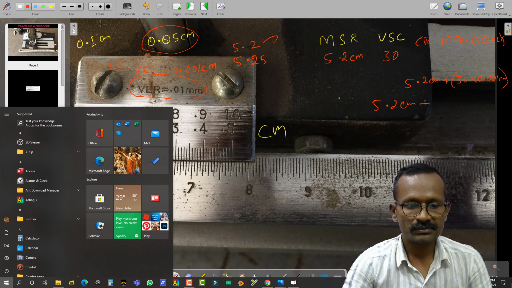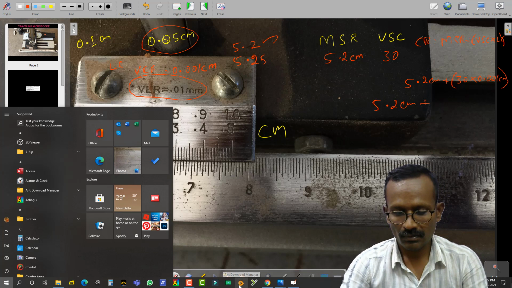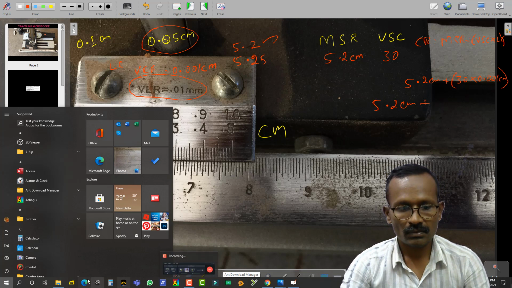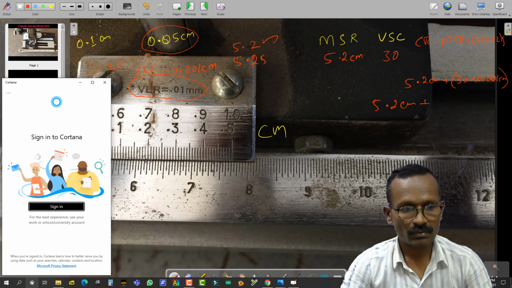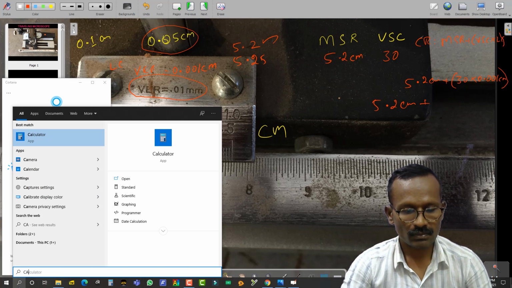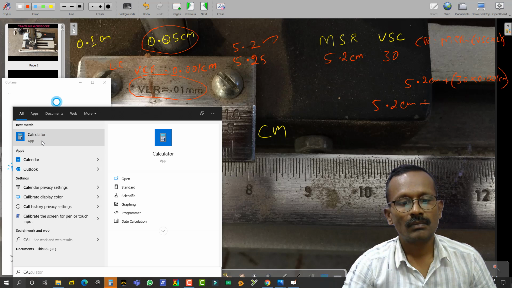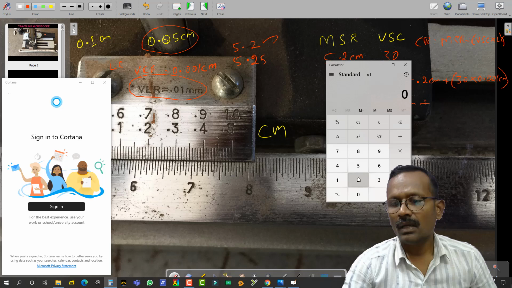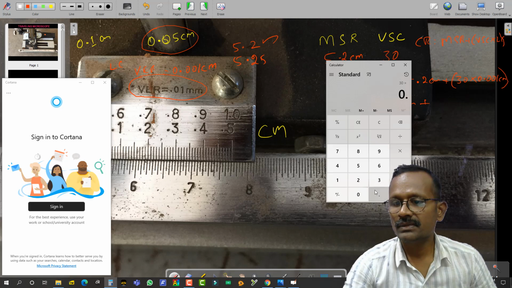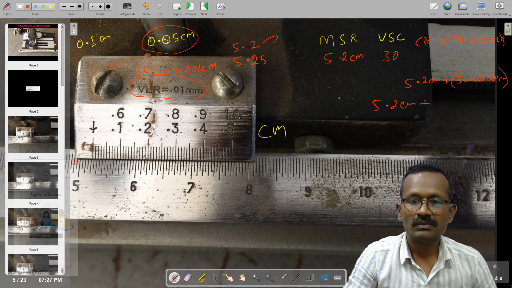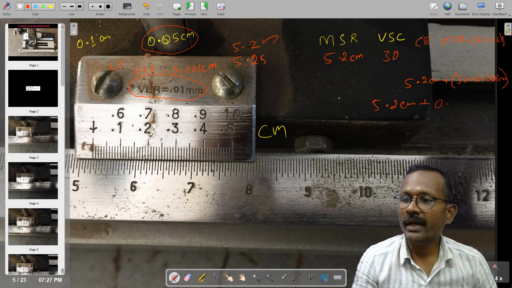I take the calculator. 30 times 0.001. How much? 0.03 centimeter.